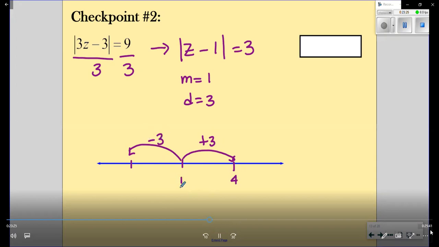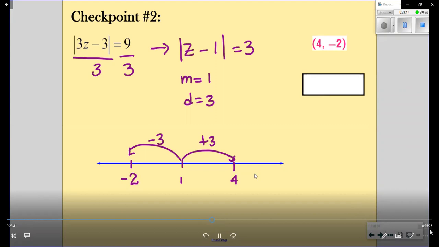It'll be negative 3 minus 1. Let's make sure I got that. Negative 2. And then we got our answer. Negative 3, and we have 1 to negative 2.